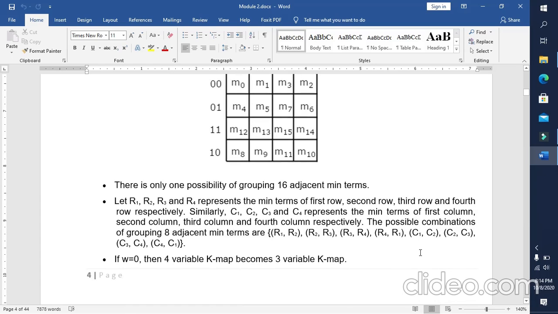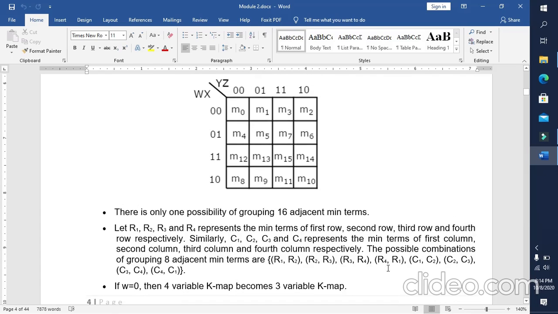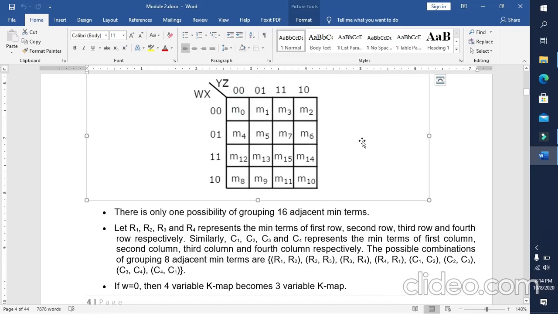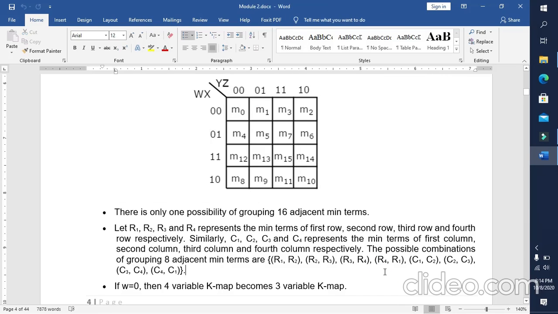Okay? So, possible groupings. You can group it in 16 adjacent min terms. Meaning to say, you can group all of them. That is possible. Then, let R1, R2, R3, and R4 represent the min terms of the first row, second row, third row, and fourth row respectively. And C1, C2, C3, and C4 represent the min terms of the first column, second column, third column, and fourth column respectively.